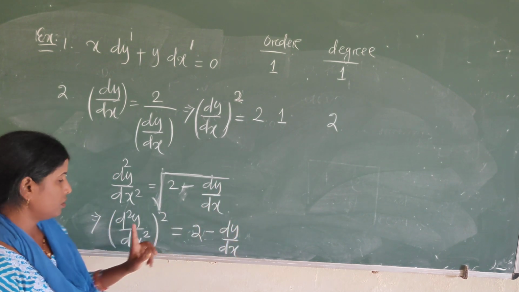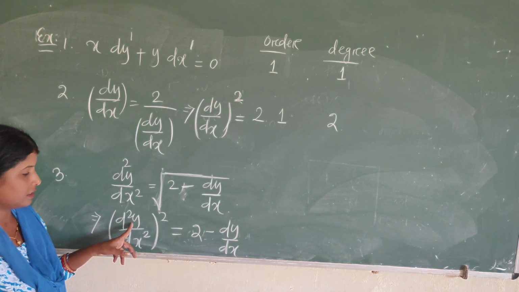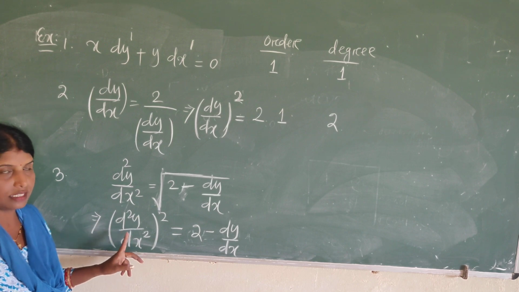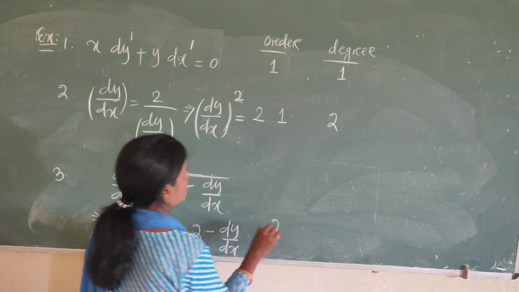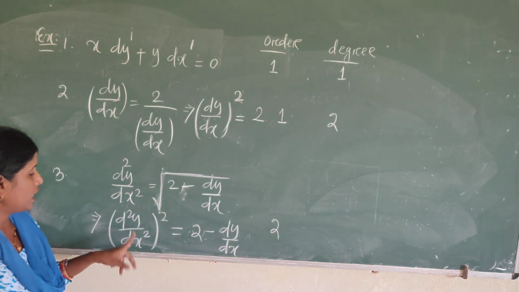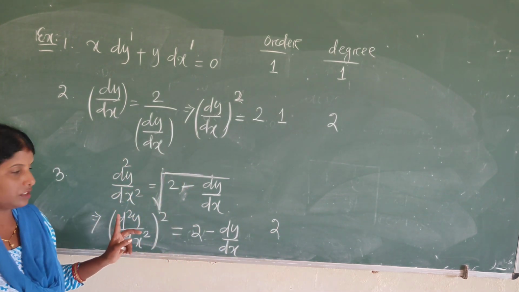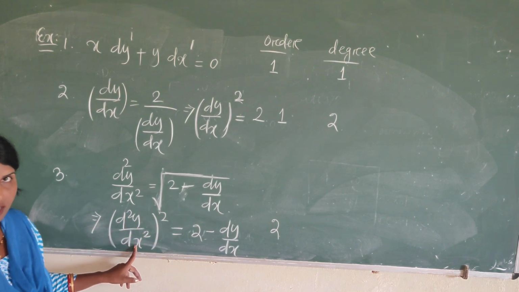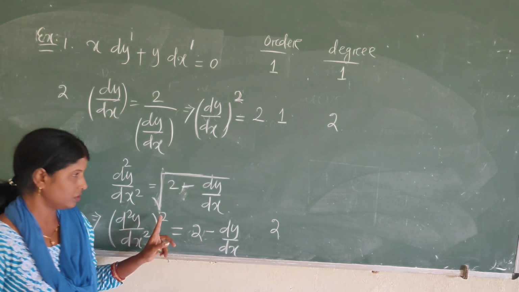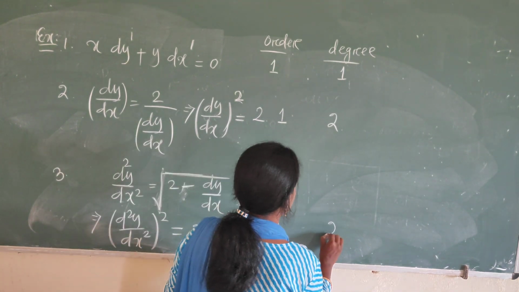What is its order? Highest derivative is d square y by dx square. Second time 2 times derivative, so our order is 2. And degree, power of highest derivative is 2. Highest derivative is d square y by dx square, and its power is 2. So our degree is 2.